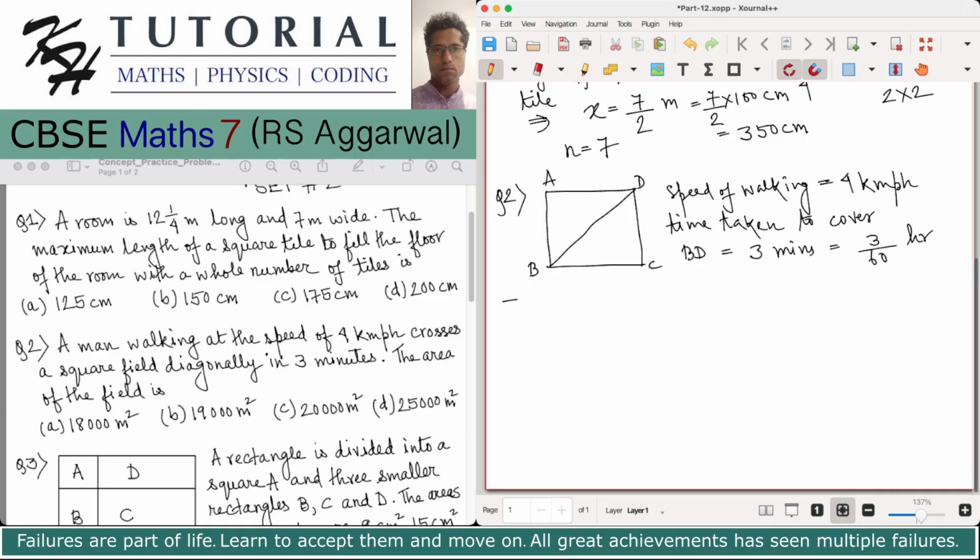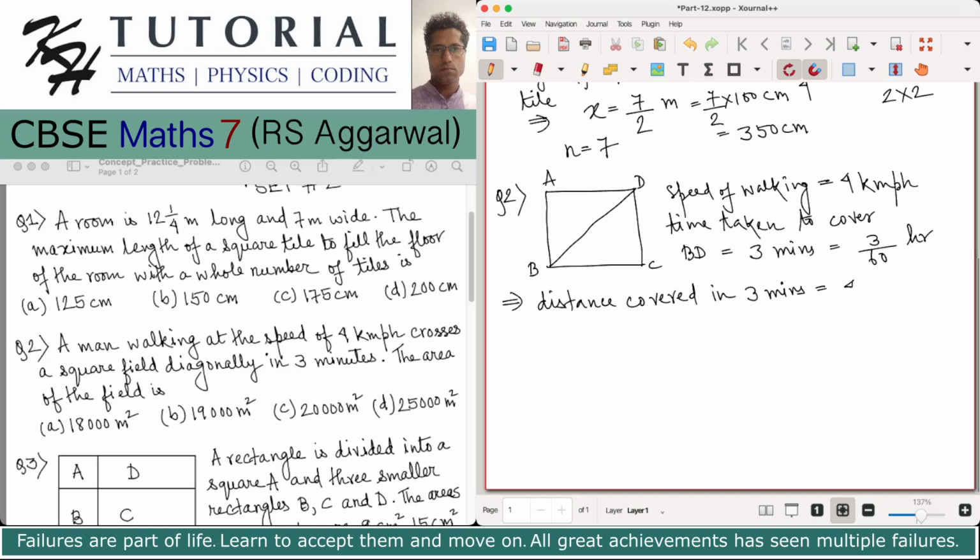So what is the distance covered in 3 minutes? Distance covered in 3 minutes based on the speed of walking, 4 km per hour. 3 minutes is equal to 3 by 60 hour.